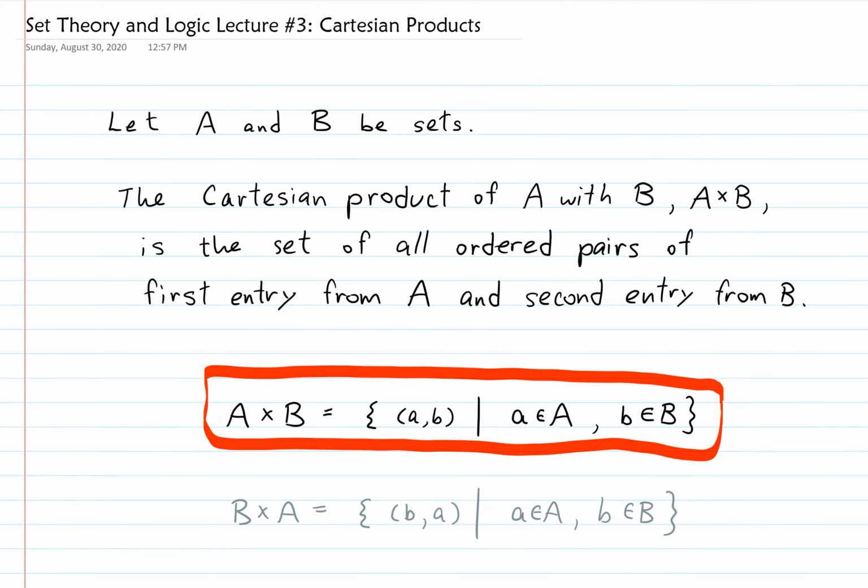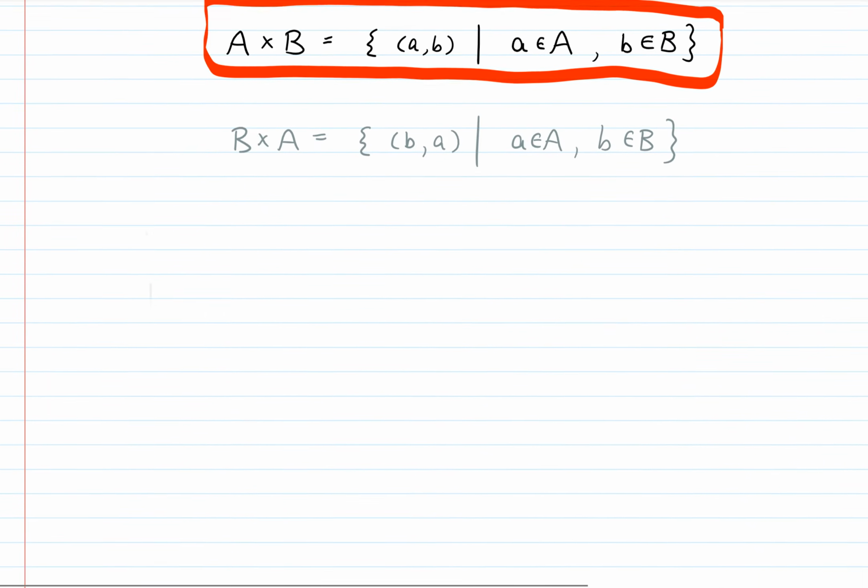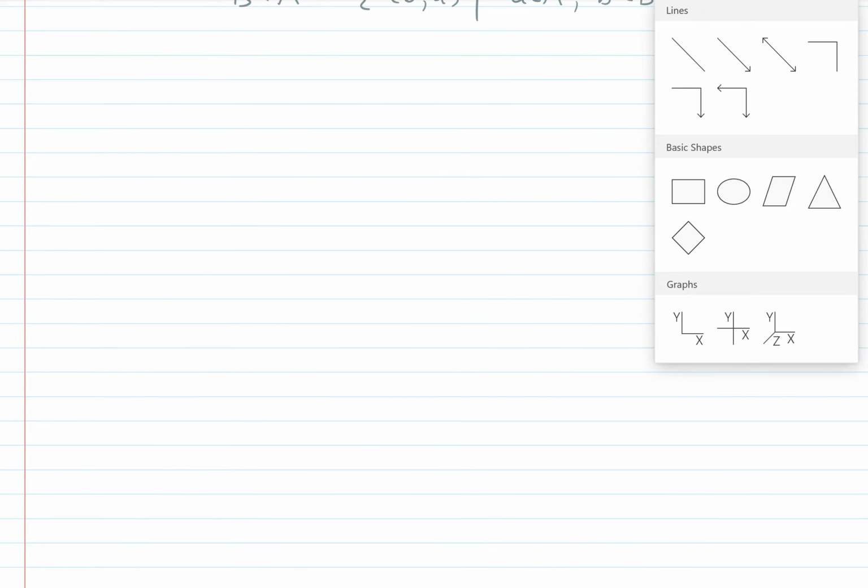Now, you can certainly have a cross product of a set with itself. I said cross product, did you hear that? That's just normal for me, but I'll try to use the word Cartesian product. You can certainly do the Cartesian product of a set with itself. In fact, you guys are used to that. When you graph things, here, let's look at this. Let's draw an X and Y axis here.